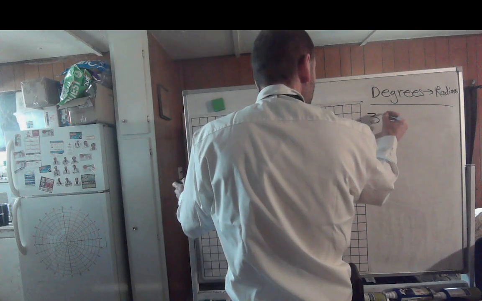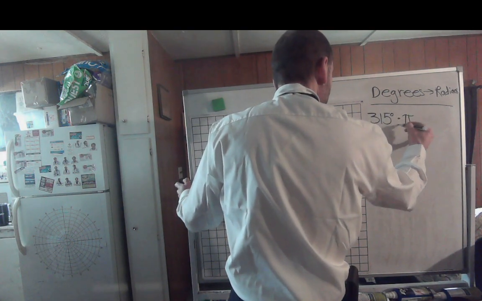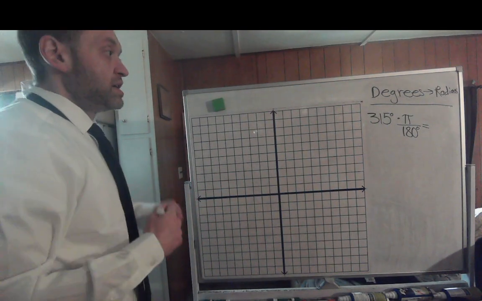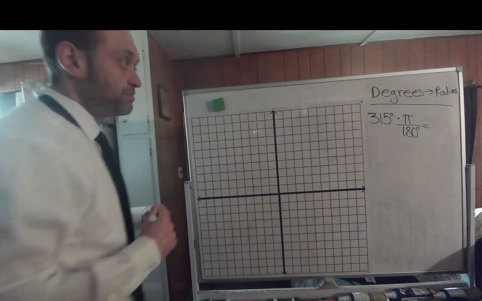What about 315 degrees? So you would take 315 degrees, still take that times pi over 180 degrees. Well, all right, 315 over 180, they both divide by 45.